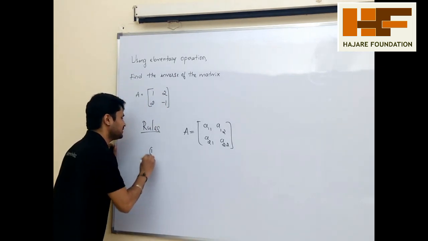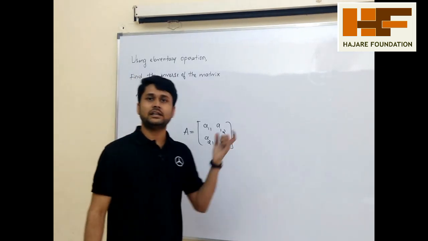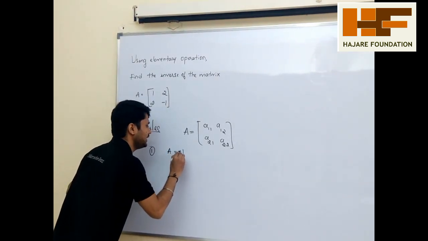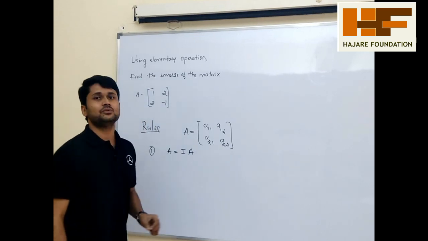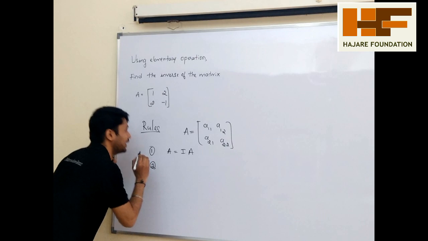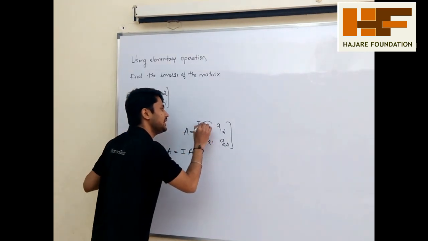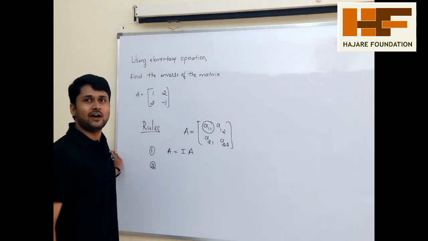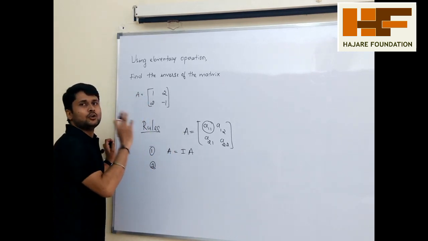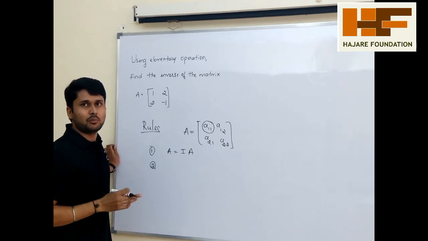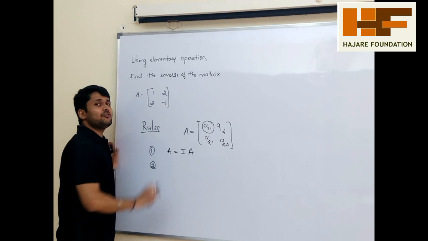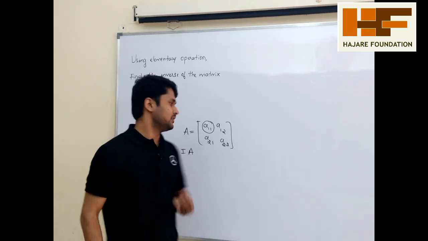First we have to write the given matrix in the form A is equal to I into A. And the second rule is, we have to make the A11 element a 1. If in the given example 1 is already there, no problem, we continue. Suppose it is not 1, we have to make the A11 element a 1.